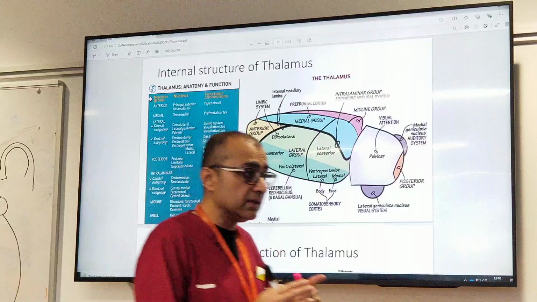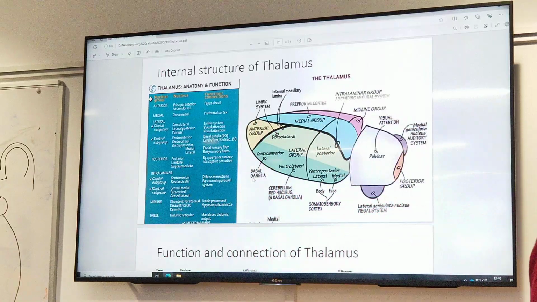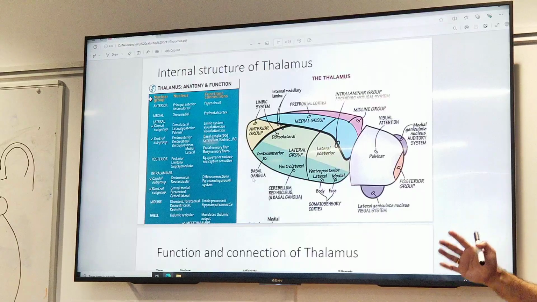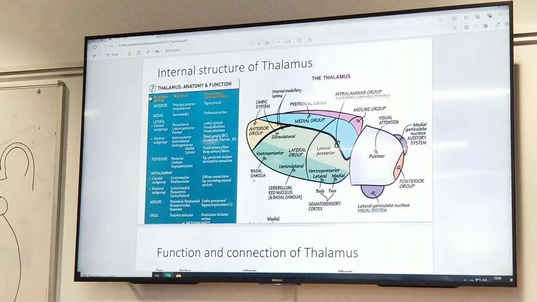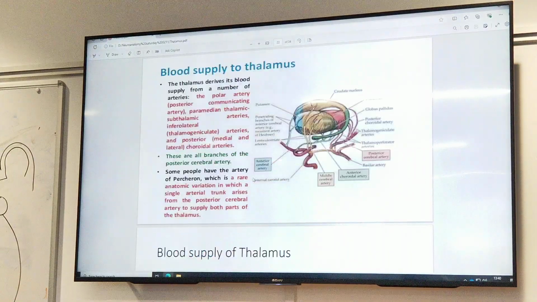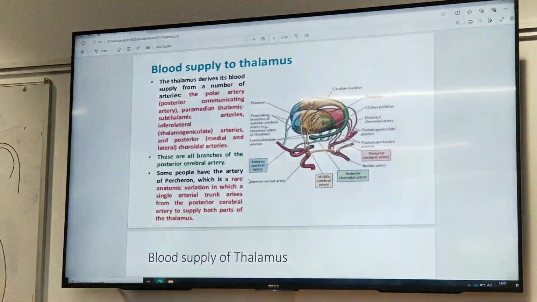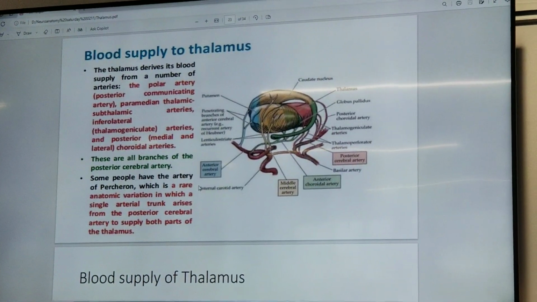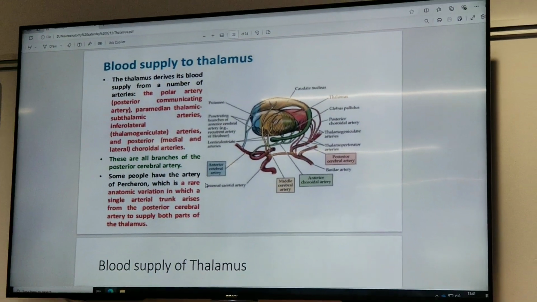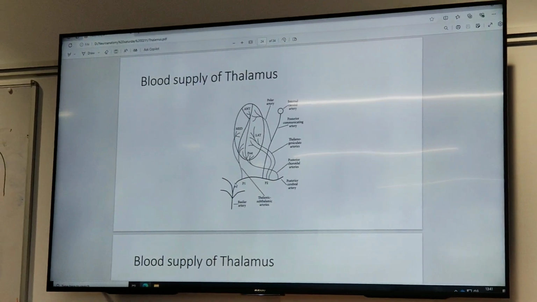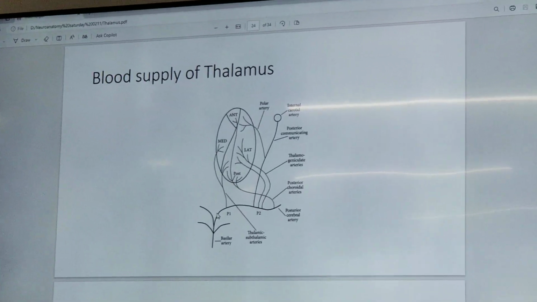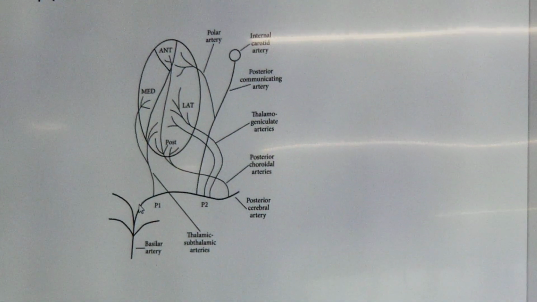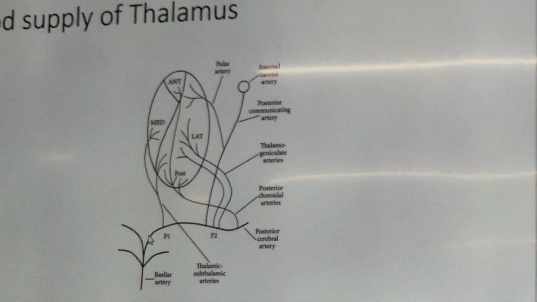Thalamus is mainly supplied by posterior circulation from the branches of the posterior cerebral artery, except a small portion from the anterior circulation. I just mentioned. See, there is only one branch, the polar branch, which is coming.